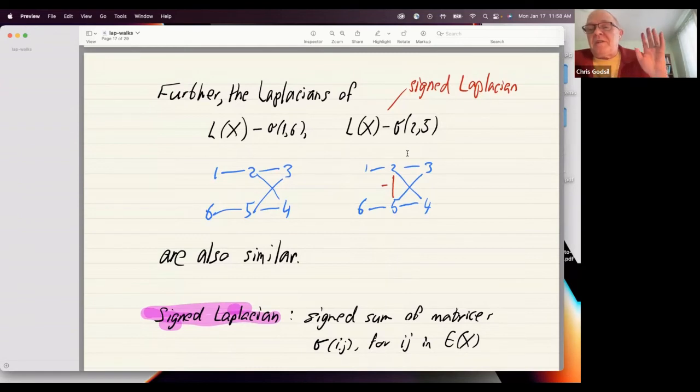So a Laplacian is just a sum of Laplacians of K2s. But what's happening here is we're being forced to look at matrices which are signed sums of Laplacians of K2s. Now you've got to be a little careful here because sums of Laplacians of K2 are guaranteed to be quasi-semi-definite. These guys are not in general guaranteed to be quasi-semi-definite. This one must be because it's similar to this.